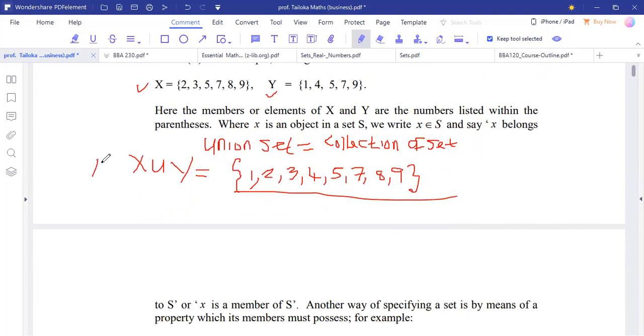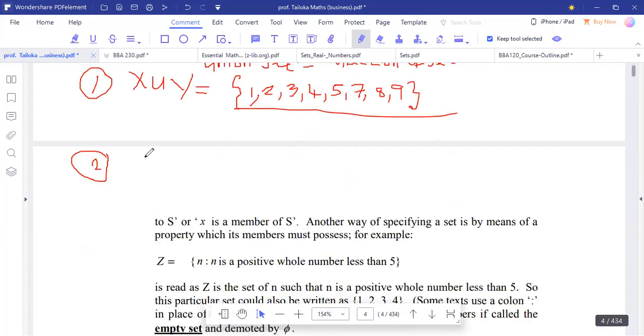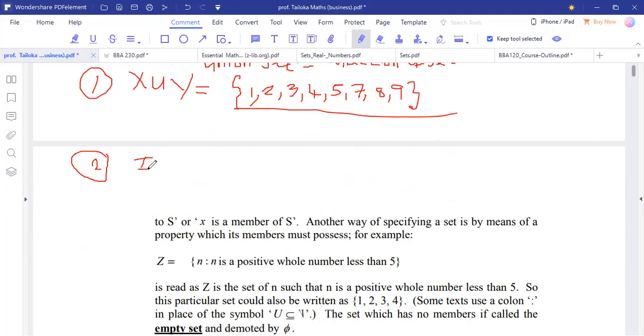That's number 1. Now we can get into the second aspect, where we look at the intersection set. The intersection set simply looks at what is found in both X and Y. Intersection means what is common, the common events or common items that are in both sets or events.